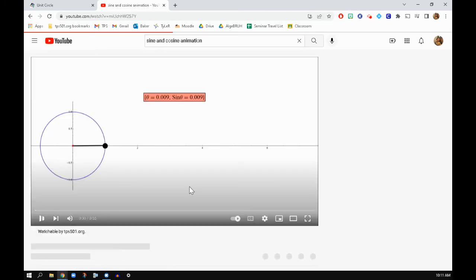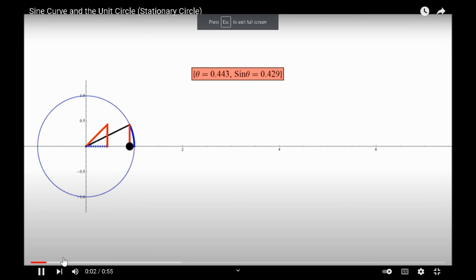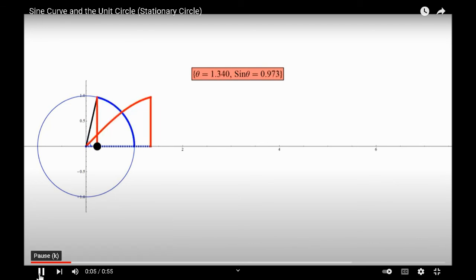Okay, here is a straight line. Do you see the triangle, the triangle with the dot at the bottom of it? As that increases, the y value of this triangle is controlling the sine graph. So see how it's going up? And right there is our maximum.